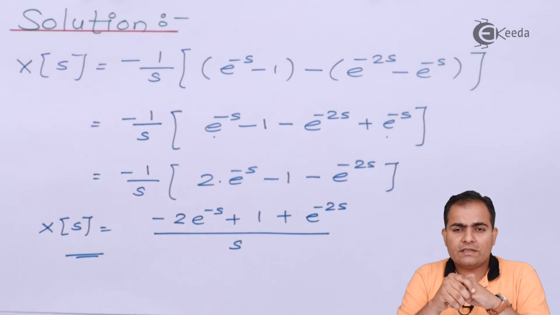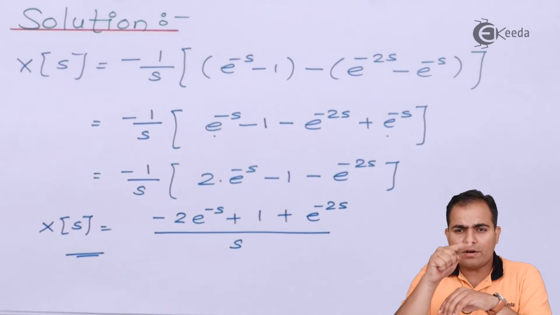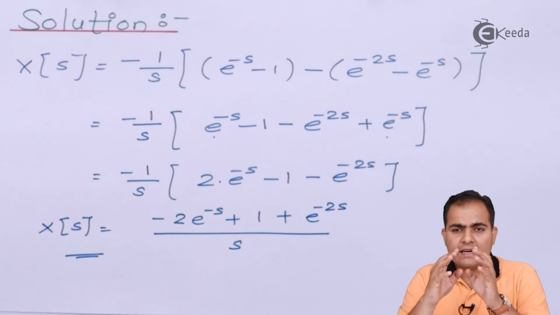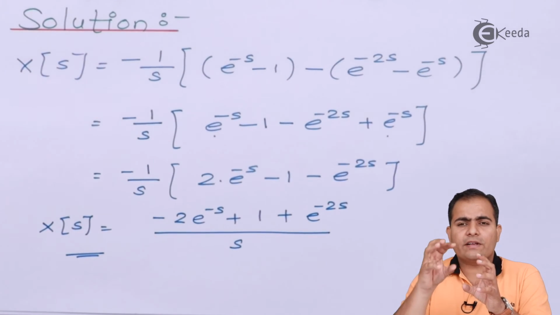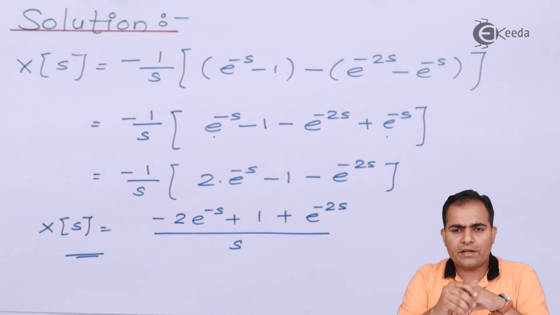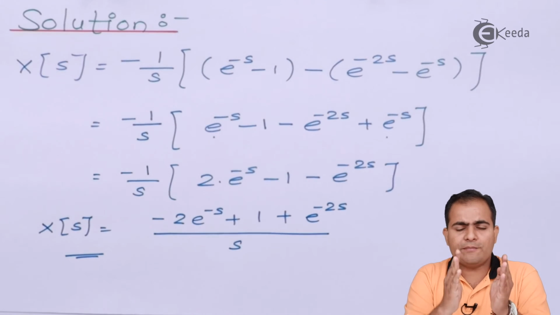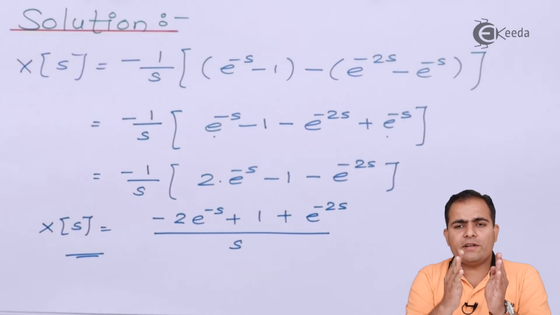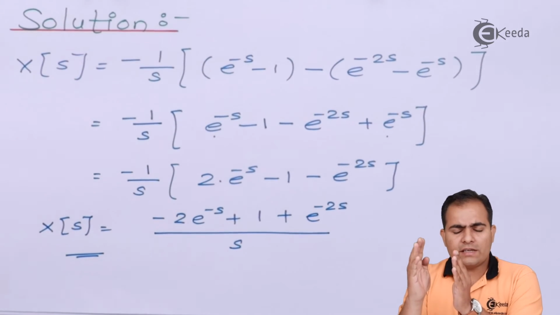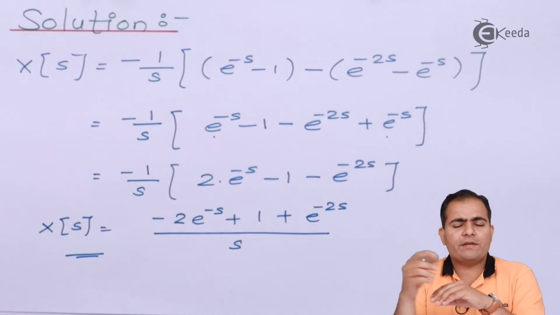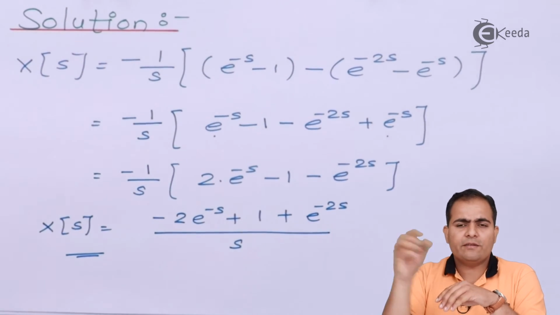X1 of s is, if we have a number of oscillations in a graph, then you can say that the signal repeats itself after each given interval of time. Meaning, if we find the Laplace transform of the first part, that is only the first time period, then the same amount will be delayed with the given time period. The Laplace transform will remain the same, only the delayed part will be multiplied with each and every repetition.